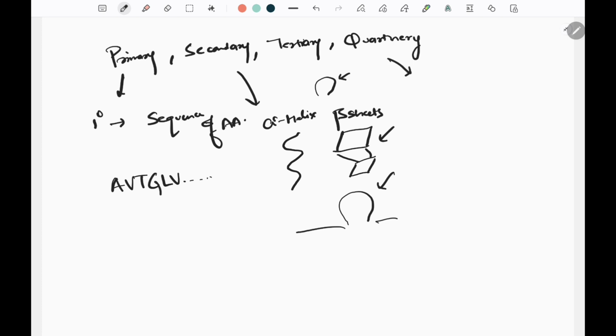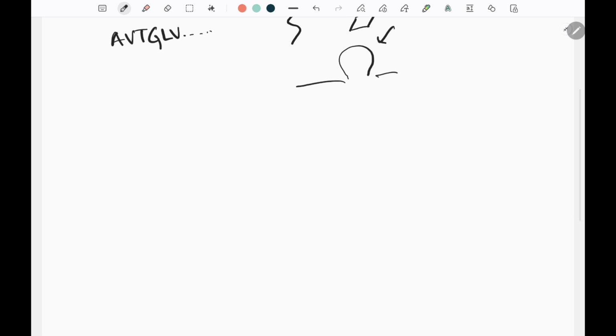And then there's the tertiary structure, which is the total three-dimensional structure, and in quaternary, multiple of these 3D structures come together to form one single protein, and that structure is called quaternary structure, right?